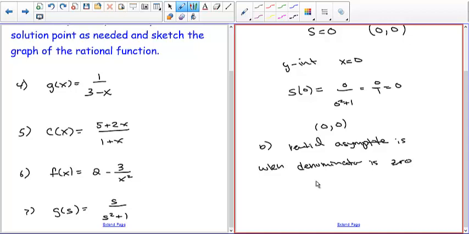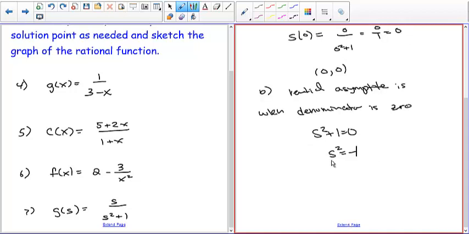So we take the denominator, s squared plus 1, set equal to 0. s squared equals negative 1. Can't take the square root of a negative number, so no real zeros for this equation. So that means no vertical asymptotes.